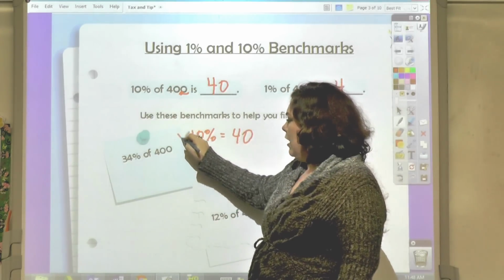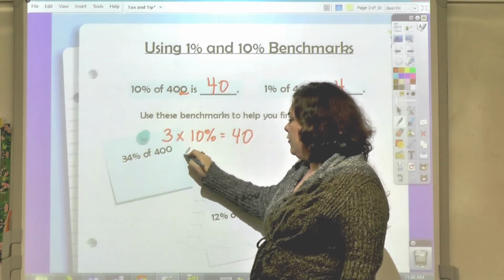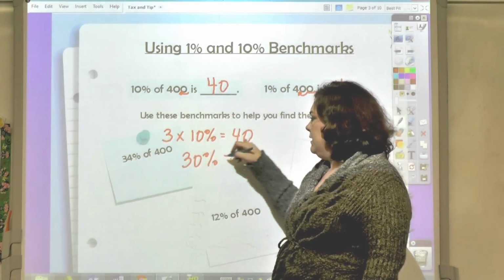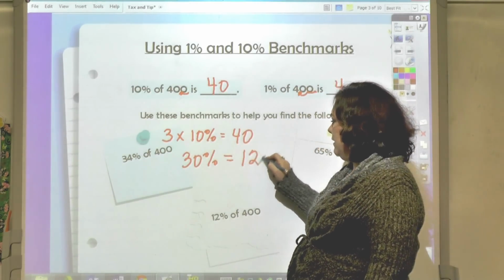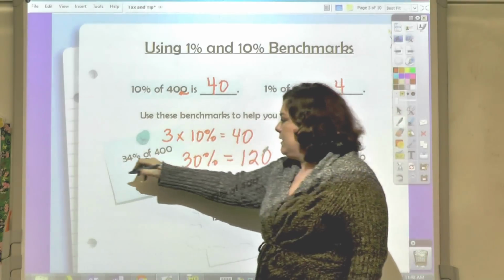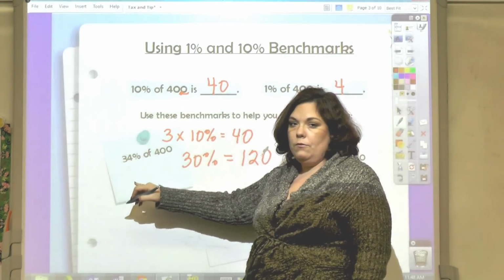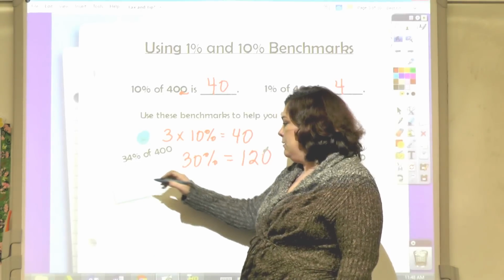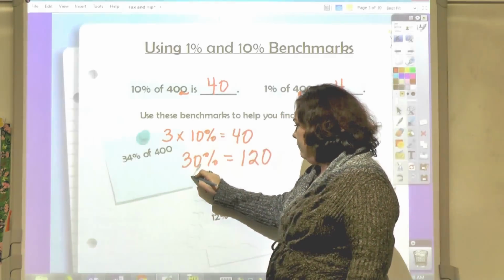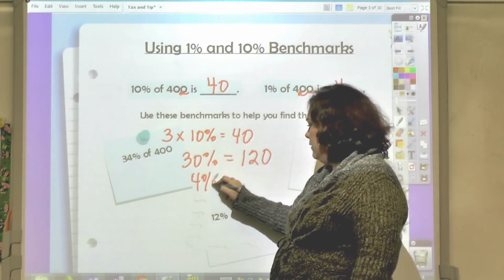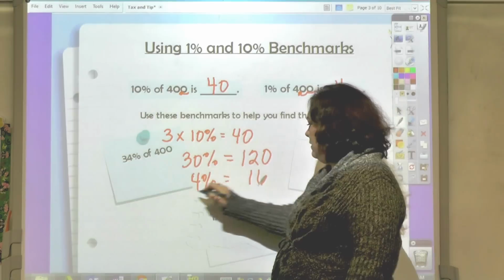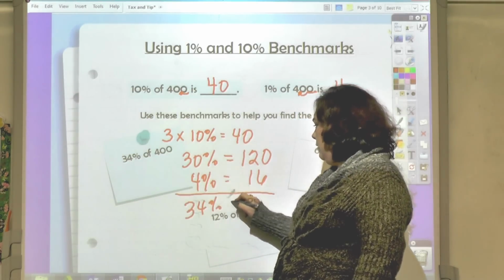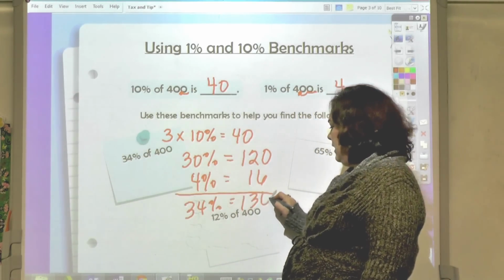And you do that times 3 for 30, that equals 3 times 40 is 120. And then 4% would be 1%. And 1% was 4, so 4 times 4 is, so for 4%, it would equal 16. And so for 34%, it would equal 136.